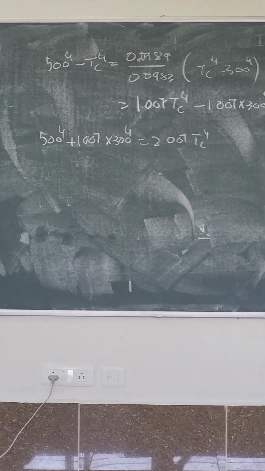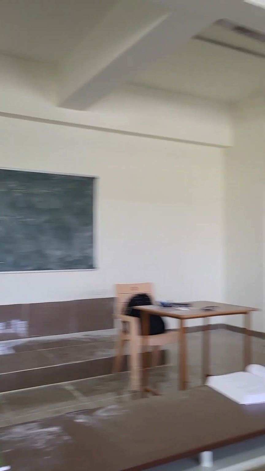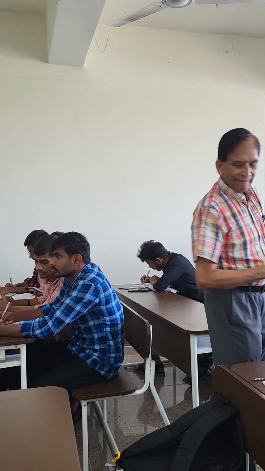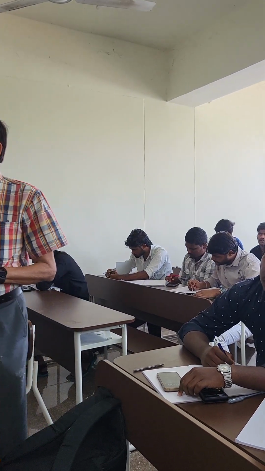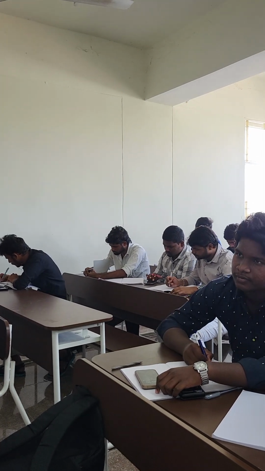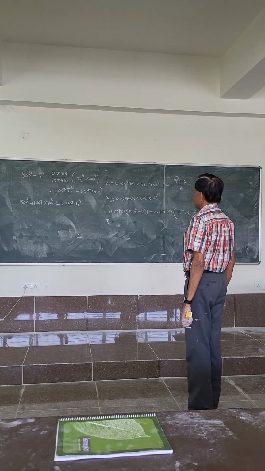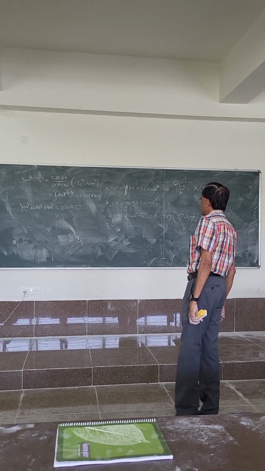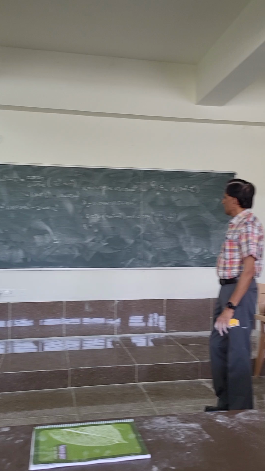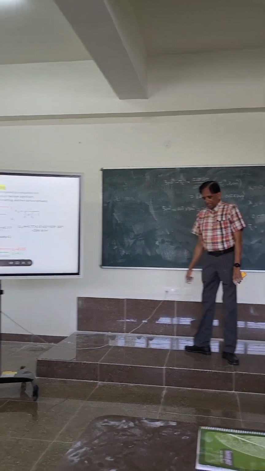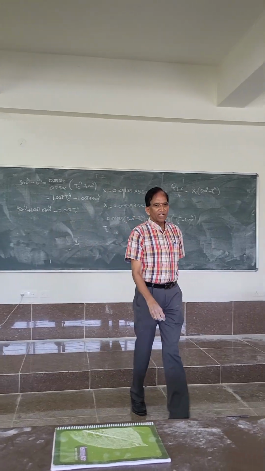See, one is 500, the other is 300. But the fourth power allows the mistakes. It comes to around 470 per hour.